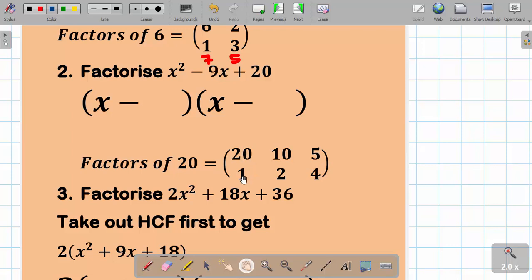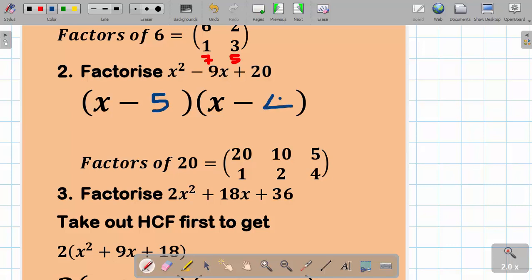So 20 plus 1 is 21. 10 plus 2 is 12. 5 plus 4 is 9, which means this 5 and 4 is the right pair to use. So my answer is going to be x minus 5 and then x minus 4.